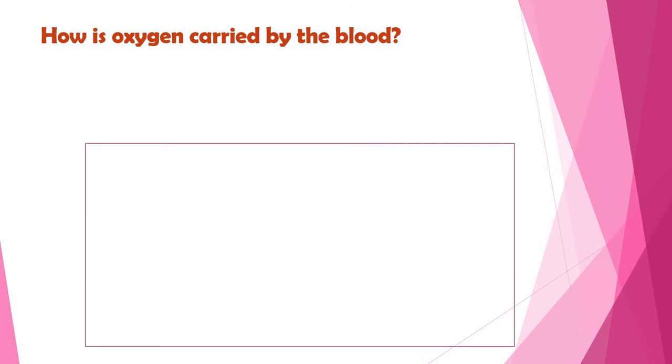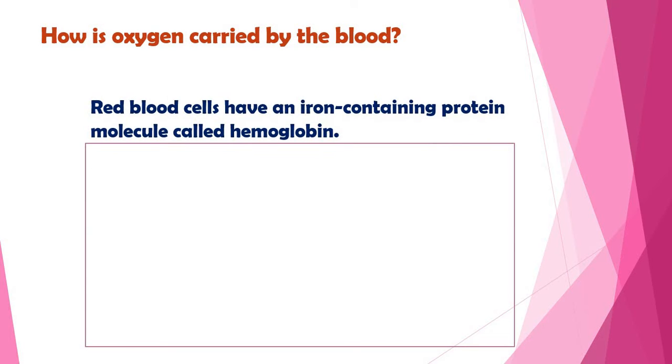Now we are going to explain how oxygen is carried by the red blood cells through the bloodstream to all the tissues that require oxygen to function. First, oxygen becomes attached to hemoglobin. Okay?